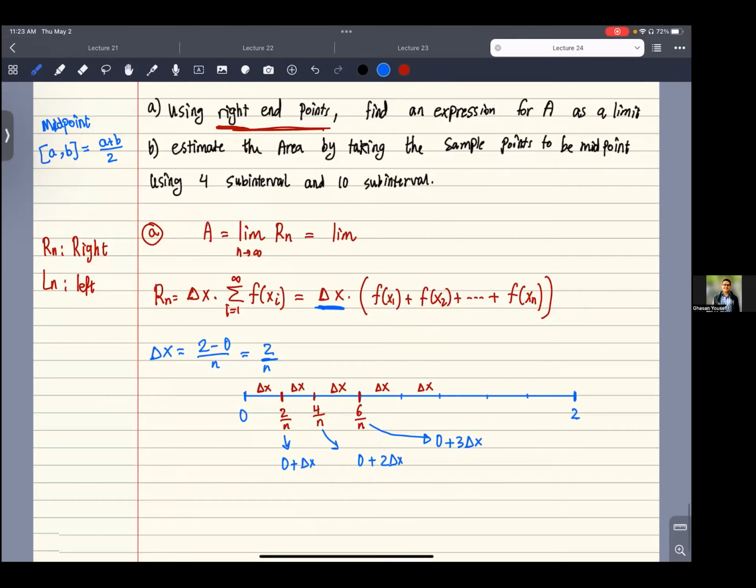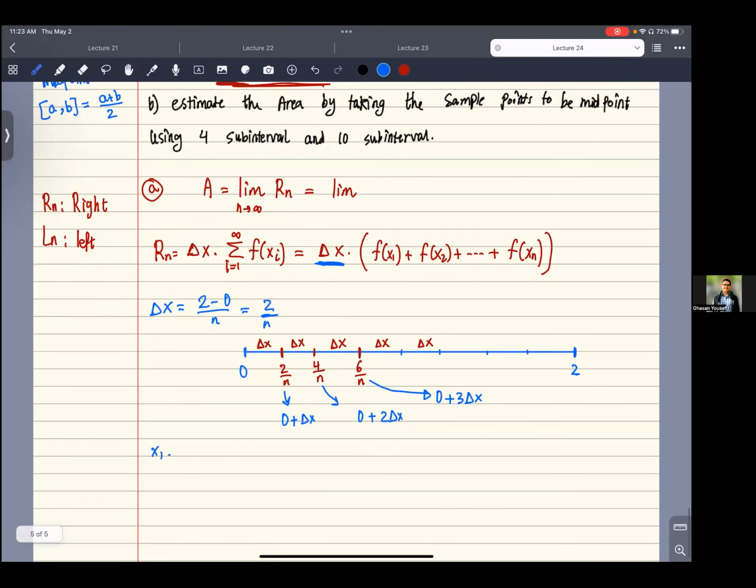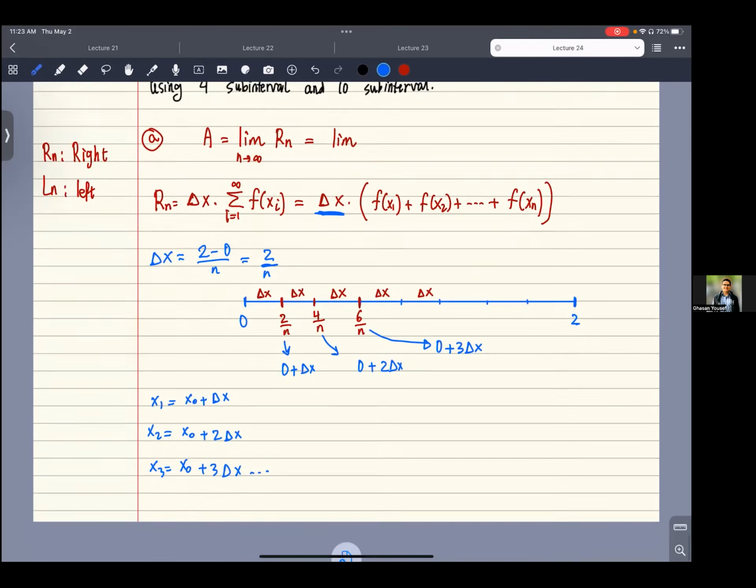So I can define x1 as the starting point, x0, plus delta x. The second point, x2, is x0 plus 2 delta x. x3 is x0 plus 3 delta x, and so on for all points.